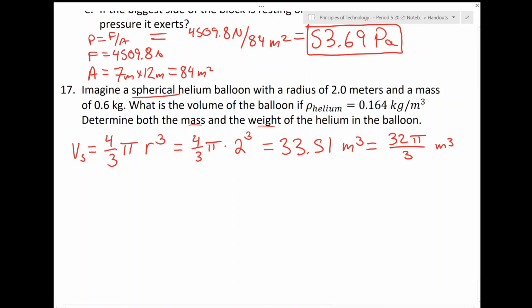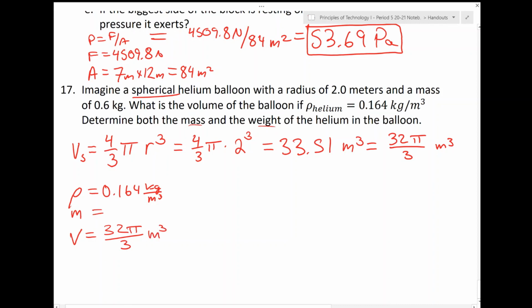So to find the mass of the helium in this balloon, we're going to use density is equal to mass divided by volume. The density of the helium we are given 0.164 kilograms per cubic meter. The volume we just calculated as 32 pi over 3 cubic meters.